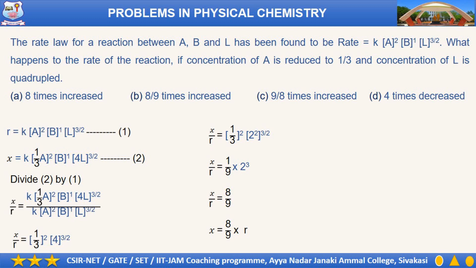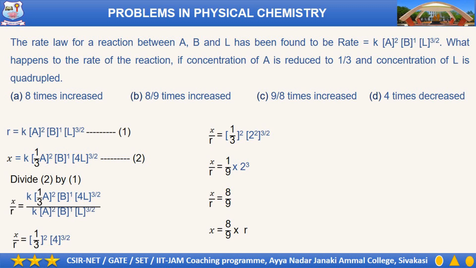They say nothing about the concentration of B, therefore we keep it the same. And L is quadrupled, therefore now you have to find out the X. This divided by this, X is unknown, keep it in the numerator and R in the denominator.